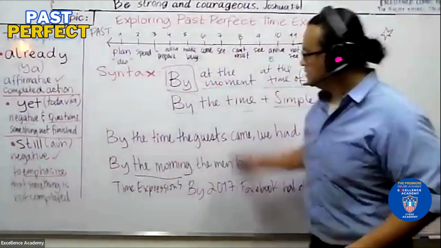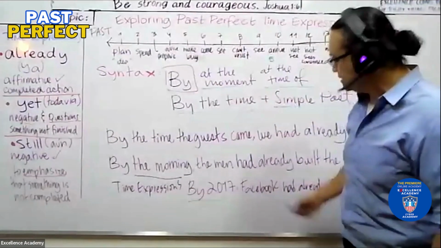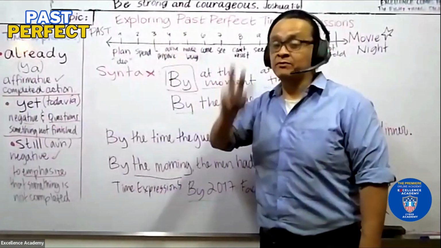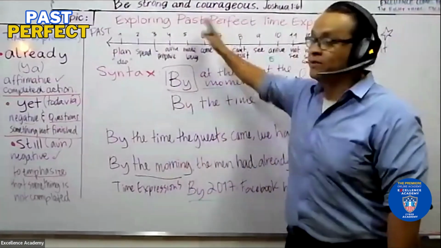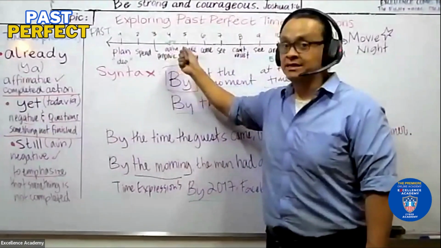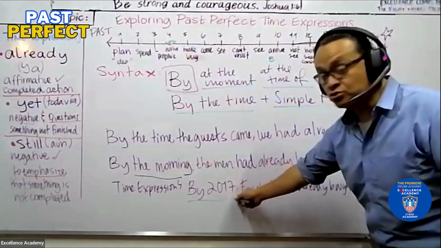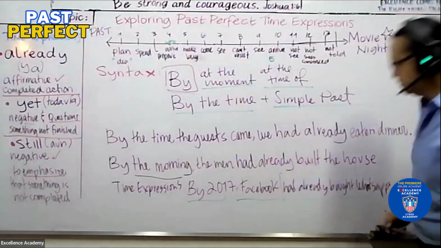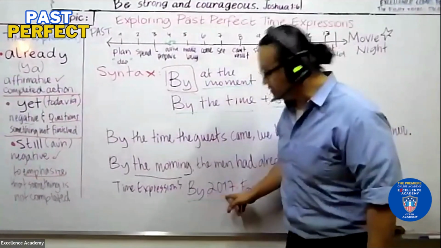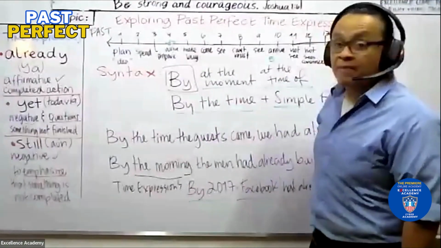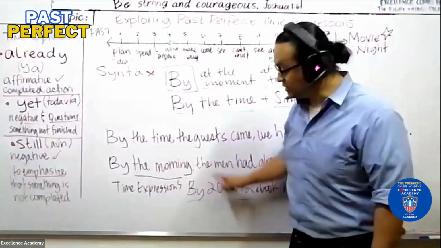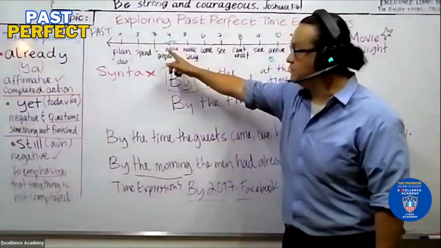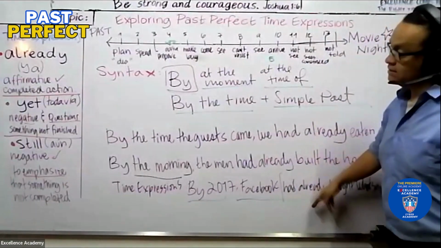It's good because it puts us in an event in the past, because in the past perfect we use two events. So the phrase by will already place us somewhere in the past, which will allow us to introduce the past perfect, the had already bought. So it's a great phrase to introduce the past perfect, even though I'm not using a verb here, but I'm placing the idea of the time. So here by 2017, of course, is different from today. So that's how we use by.